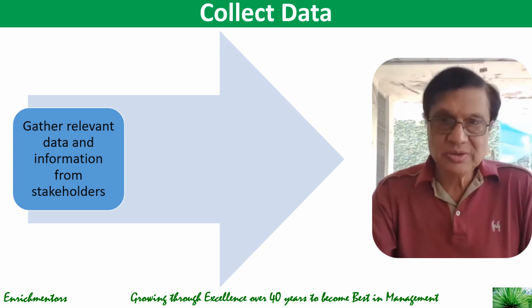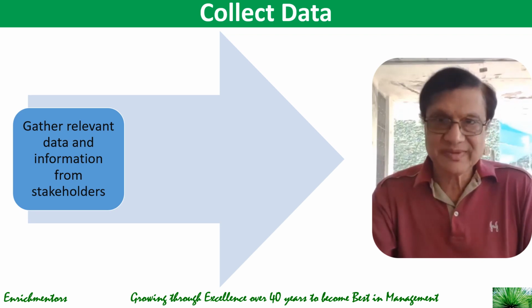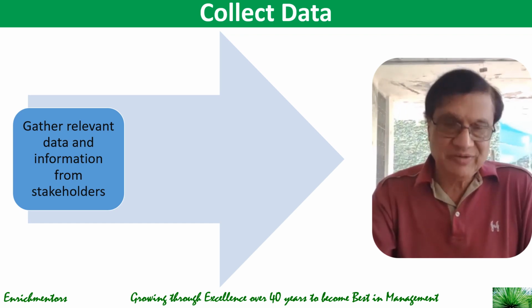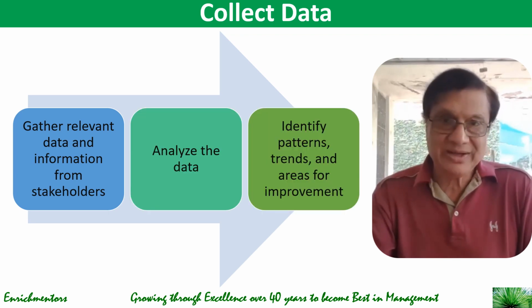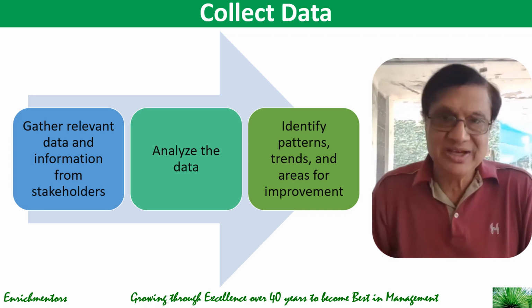Now, this could include business processes, data sets, reports, and documentation or anything else. Once you gather this data, which we'll talk about in a lot more detail as we go forward, you need to analyze the data to identify patterns, trends, and areas of improvement.